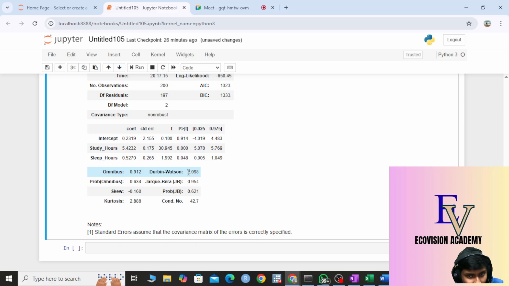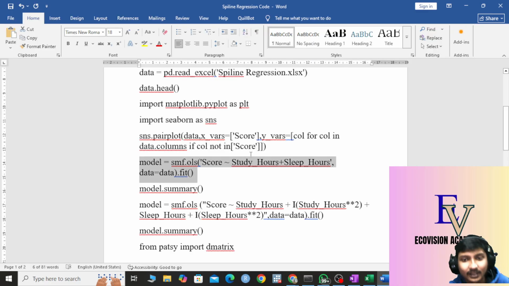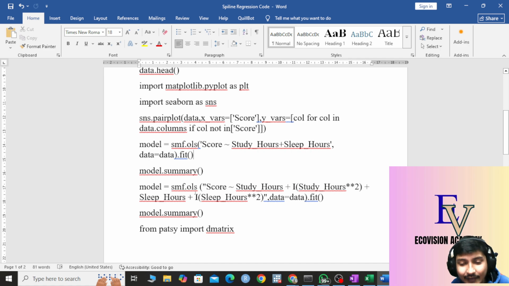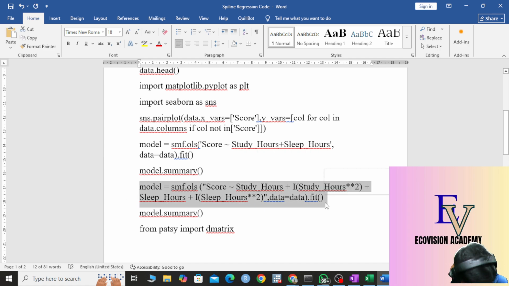It is equal to 2, so there is no autocorrelation problem at all. And the Jarque-Bera value is near 1, so is the null hypothesis accepted or the alternative hypothesis? The null hypothesis is accepted, so our residuals are normally distributed. Okay, fine. Now I will go for another OLS model. Just see.